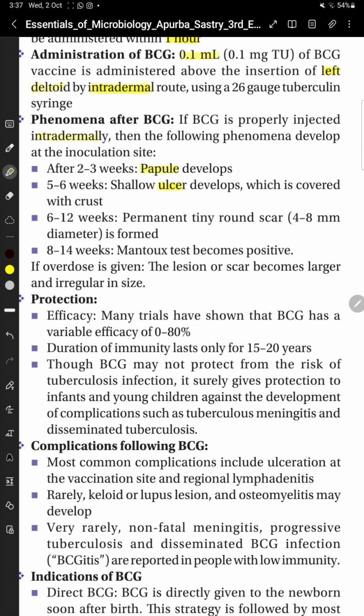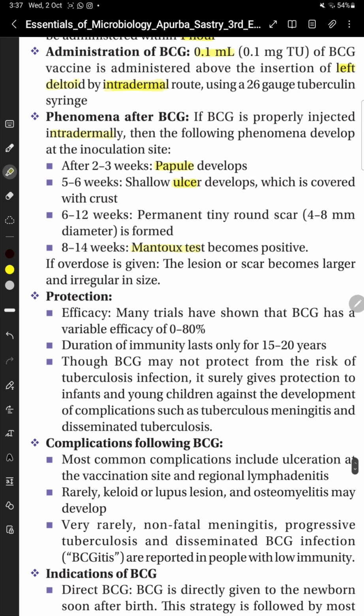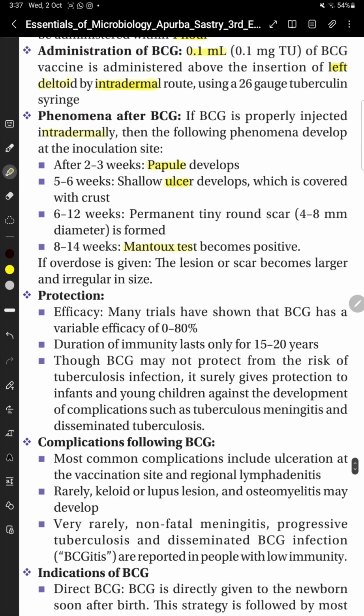At 6 to 12 weeks, a permanent tiny round scar is formed, which is 4 to 8 millimeter in diameter. At 8 to 14 weeks, Mantoux test becomes positive. If overdose is given, the lesion or scar becomes larger and irregular in size.